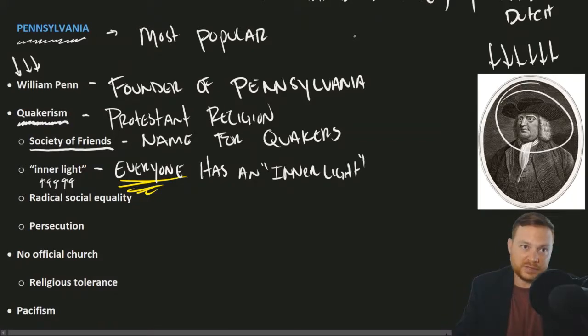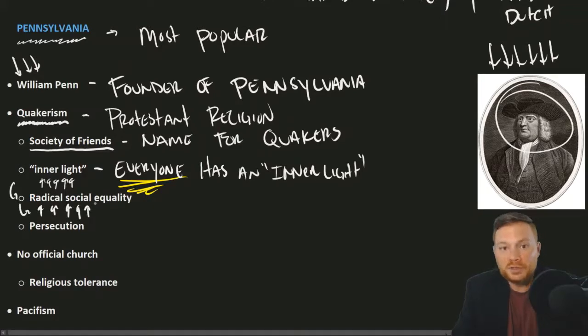And what that reflected in Quaker society was this sort of version of radical social equality, which was very much not the rule for the day. And some of the reasons as to why the Quakers received a lot of heat was this spiritual belief of equality where there was anything but.